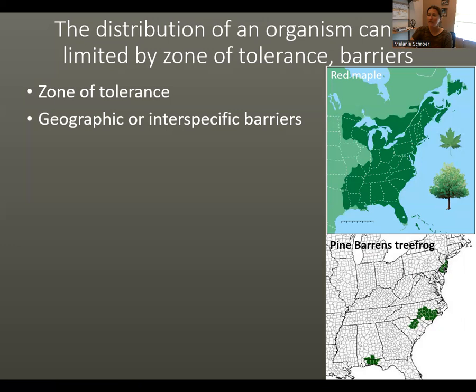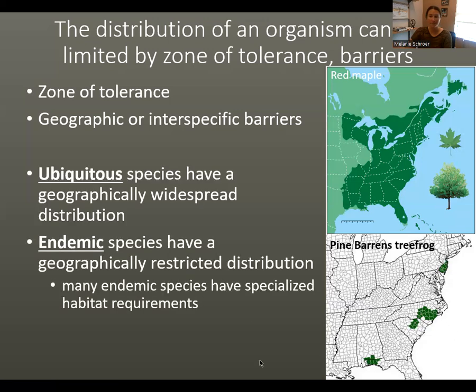And so even though there are favorable conditions possibly throughout this range here, we don't see Pine Barrens tree frogs because it is difficult for them to actually cross these roads, cross these other barriers, and fully populate areas that are appropriate for them. Okay. And so again, lots of barriers keeping these populations small and isolated.